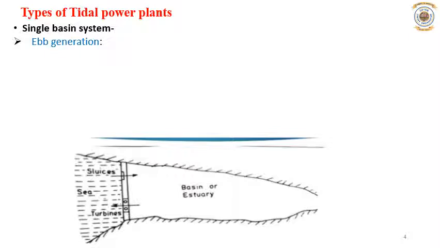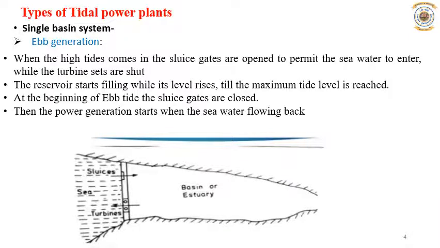When the high tide comes in, the sluice gates are opened, which permits the sea water to enter the basin or reservoir, while the turbine sets are not working; they are shut.